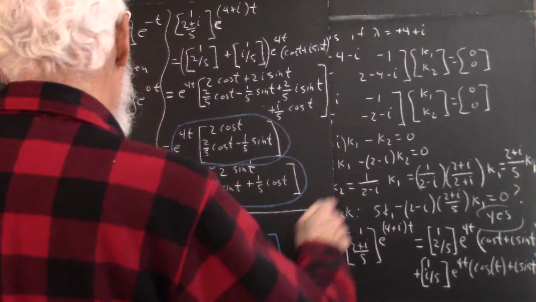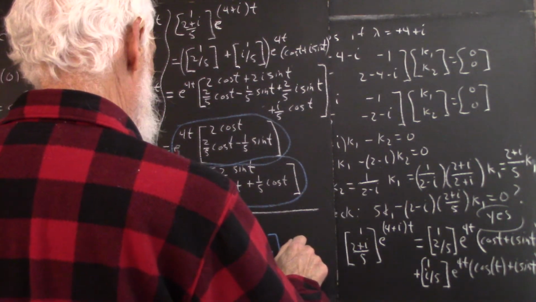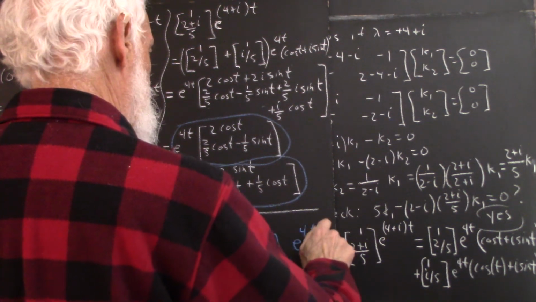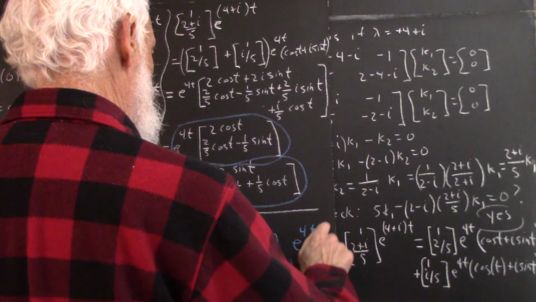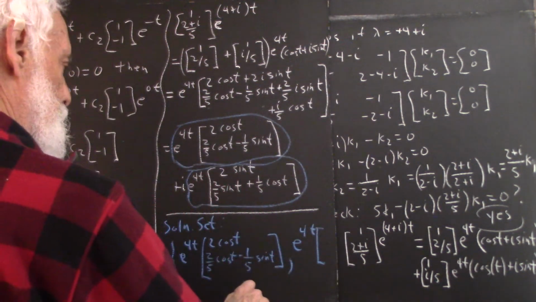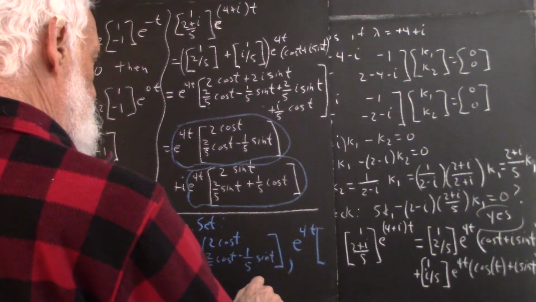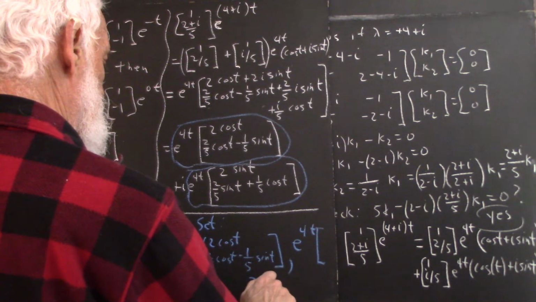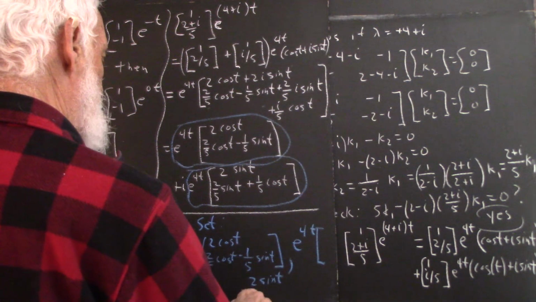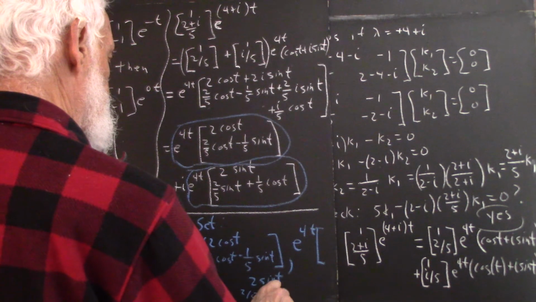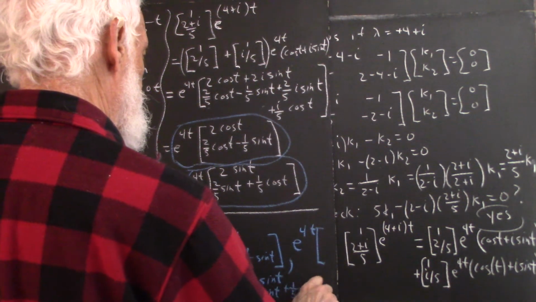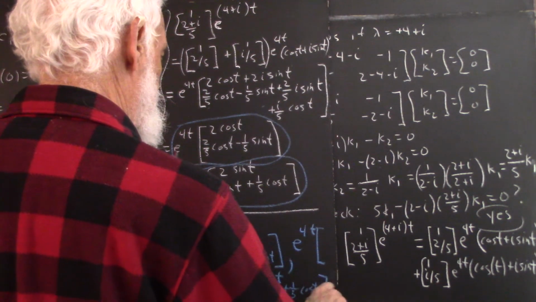And then, I don't quite have enough room, but we'll write it out, e to the 4t times, coming around to the next line here, 2 sine t, 2/5 sine t plus 1/5 cosine t.